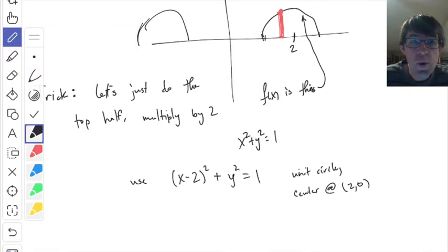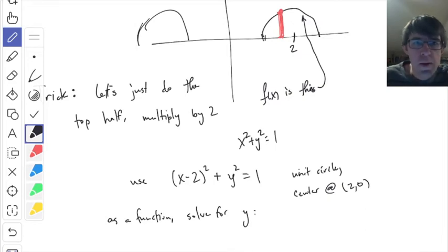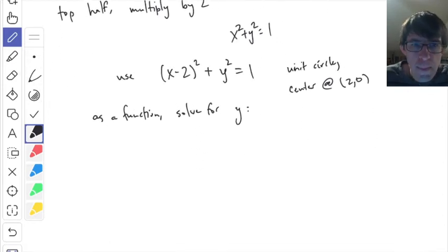Okay, and so how do we get the formula for the heights there? I need to solve this for y, as a function. Anybody want to try that? How do you solve this for y? Just subtract (x minus 2) squared.